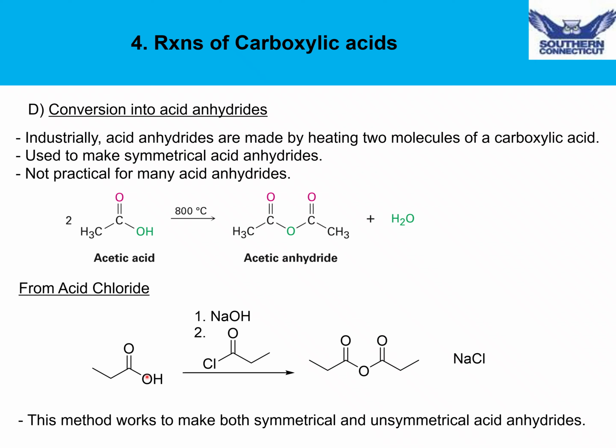And so now the oxygen will be bonded to the carbonyl, and you therefore form an anhydride as a result. Now this example I'm showing leads to a symmetrical anhydride, but if we use a different acid chloride with a different alkyl group than the carboxylic acid here, you don't necessarily have to form a symmetrical anhydride.